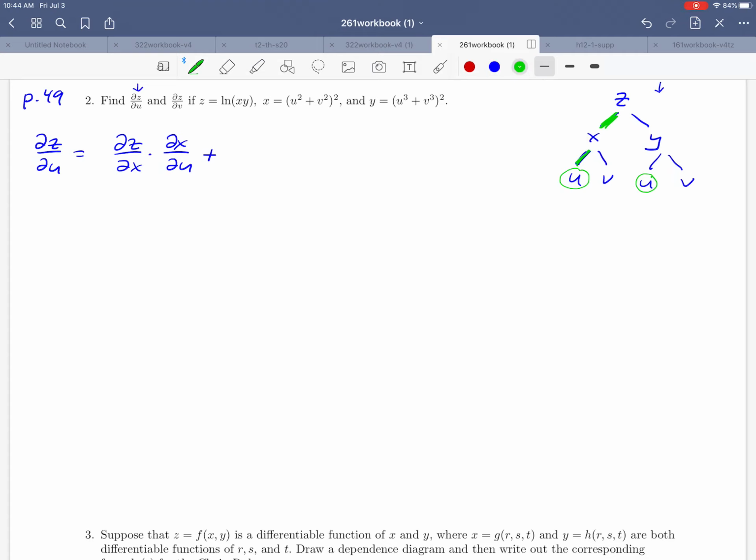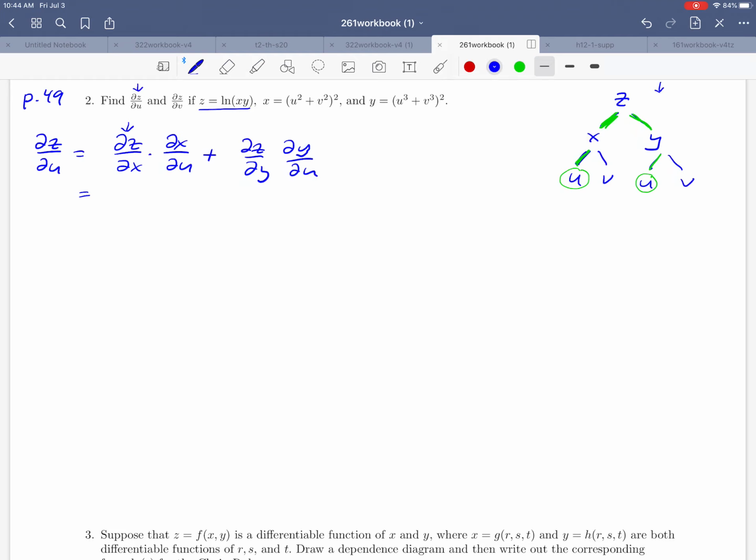And then the other path to u looks like this. We first go from z to y, then we go from y to u. So that's partial z partial y times partial y partial u. If we can calculate all those derivatives, we will have a formula for partial z partial u. So let's start with partial z partial x. We need to take our function and take its derivative with respect to x.